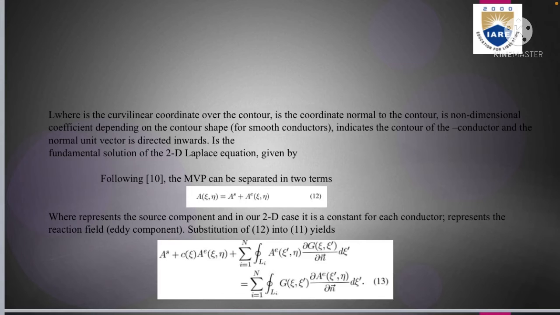For smooth conductors, indicate the contour of the conductors and the normal unit vectors directed inwards. The fundamental solution of the 2D Laplace equation is given by the following 10.